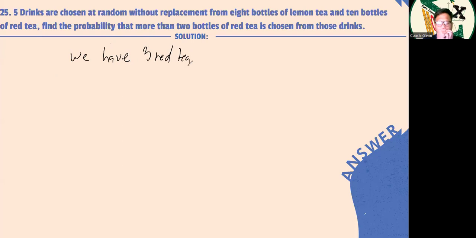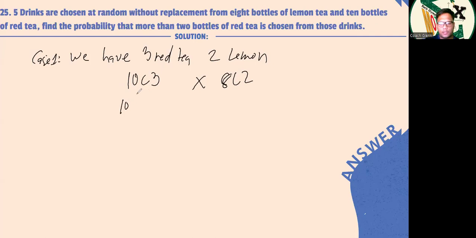So that is our case 1. So if we have 3 red tea, so from the 5 drinks, 3 red tea and then 2 lemon. So just multiply. For the red tea, remember we have 10 bottles of red tea, so that's 10 choose 3. And then for the lemon, we have 8, so 8 choose 2. Okay, just multiply these two.